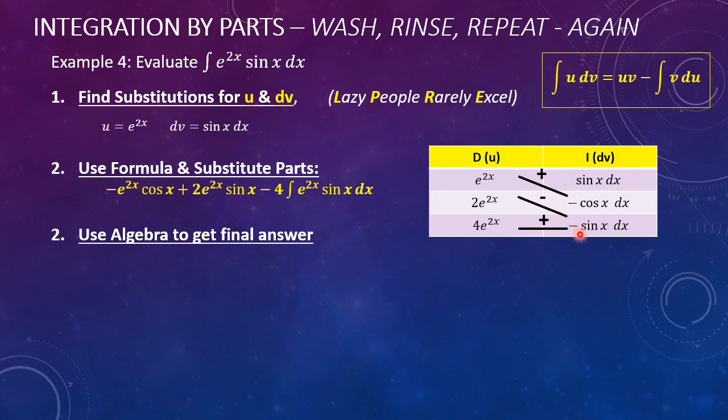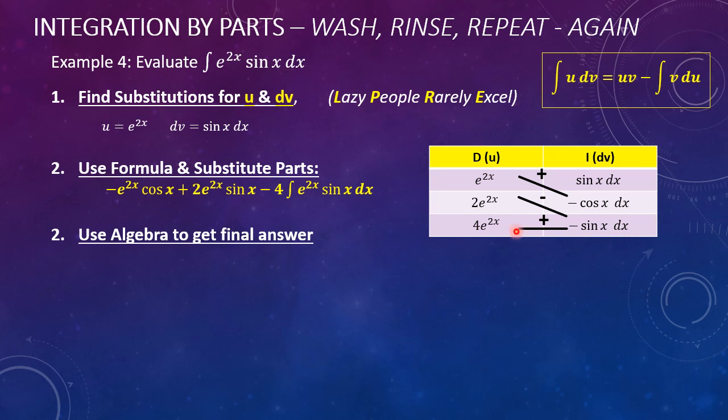Minus a minus is plus, so we get plus 2e to the 2x sine x, and then plus the integral, but it's the integral of a negative number, so we can pull that out. We can pull the 4 out. So we get minus 4 times the integral of e to the 2x sine x. Well, notice this integral is the integral that we had originally.